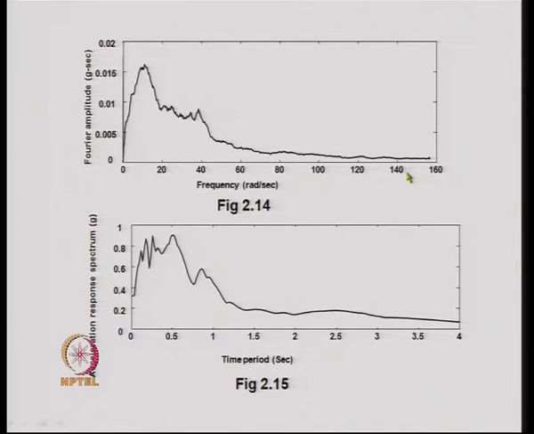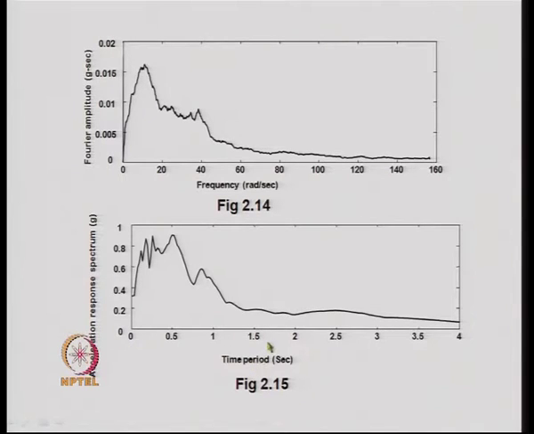we can obtain it also in the form of time period, whereas the response spectrum, that is the acceleration response spectrum, which is plotted over here, is plotted against time period.